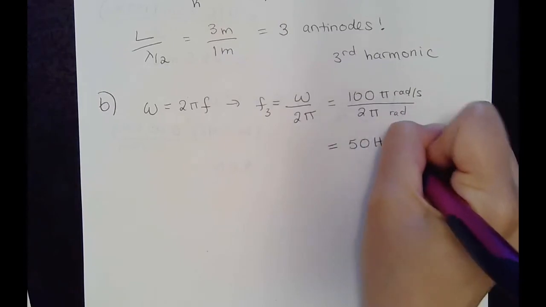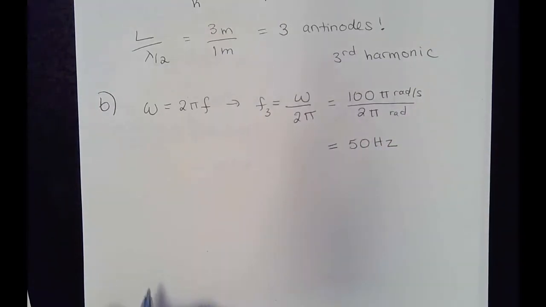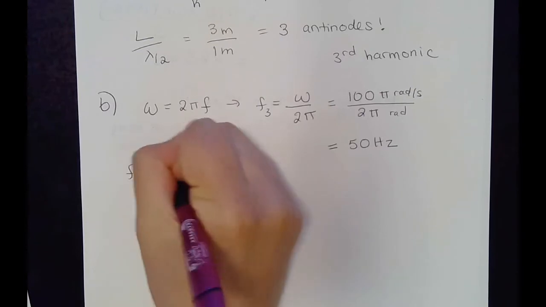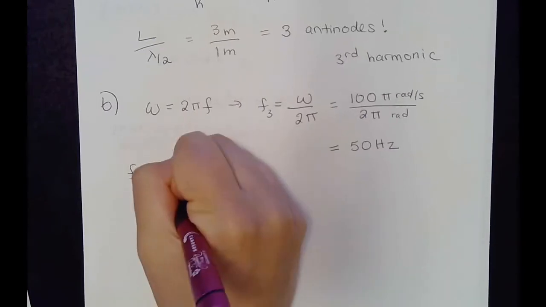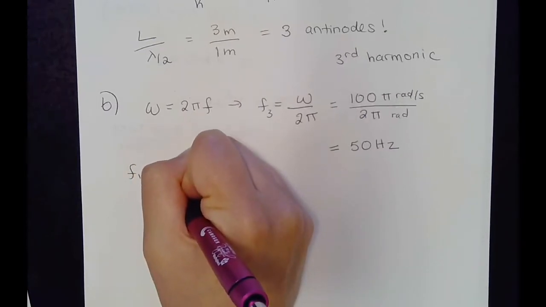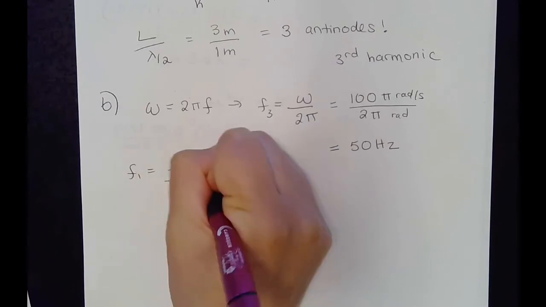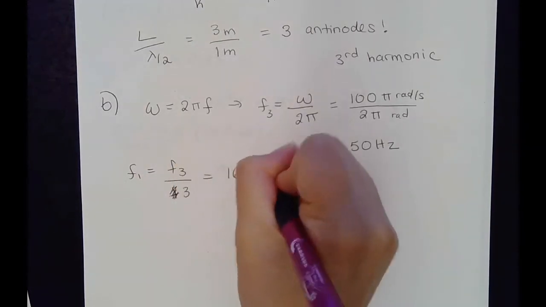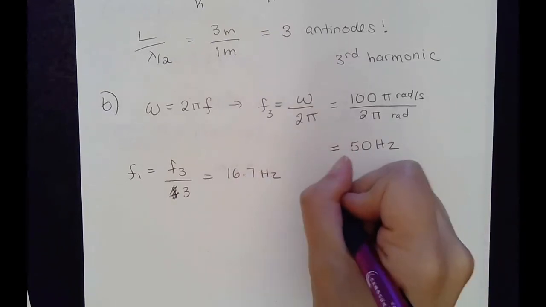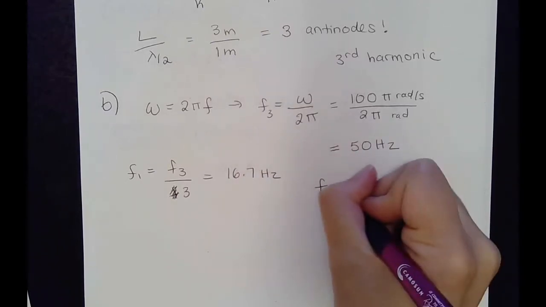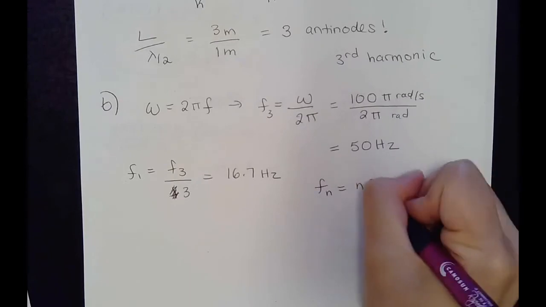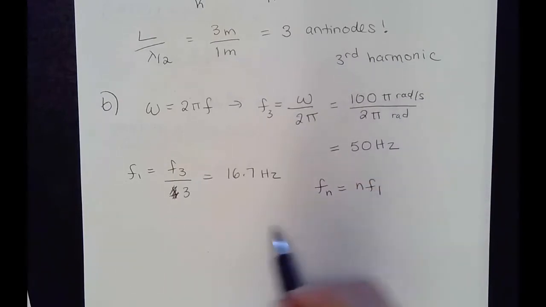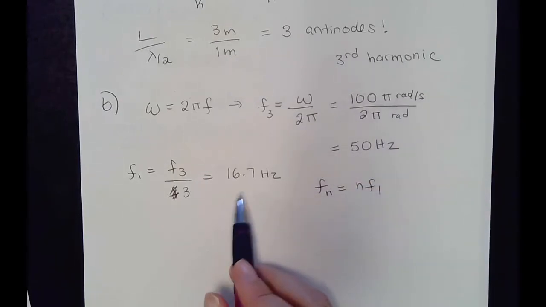The pi cancels and we have 100 over 2. So then f1 is going to be f3 over 3. So that's 16.7 hertz. So what I'm doing is using f_n equals n f1 in order to find f1, really, since each frequency is a multiple of the fundamental.